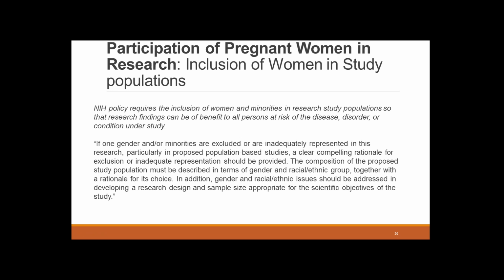Again, it's dependent on the study itself. This goes for every single protocol. You can do a natural history study, and they still want to know if you're including all these populations. Again, there's not really one right or wrong answer. It's what's right for your protocol, and you just need good justification.